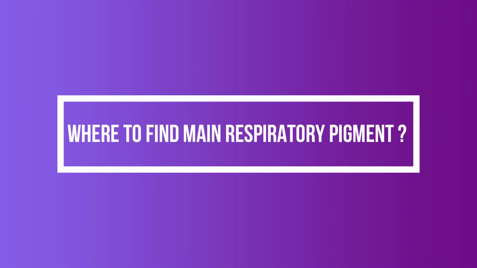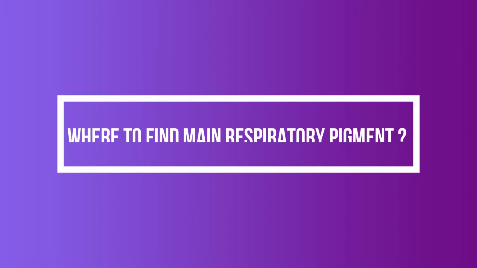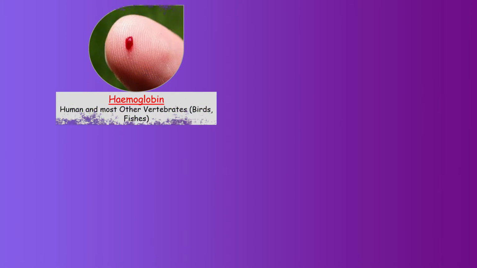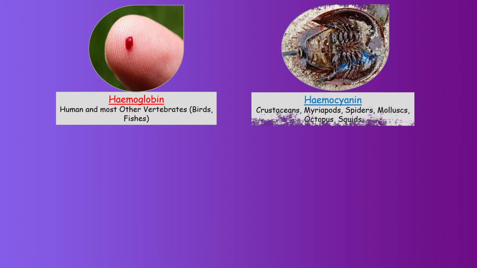So where can we find the main respiratory pigments in animals? Hemoglobin, of course, is found in humans, us, and most of the other vertebrates, which include birds, fishes, and mammals. Hemocyanin, with its blue-green copper color, is present in crustaceans, myriapods, spiders, mollusks, octopus, and squid.